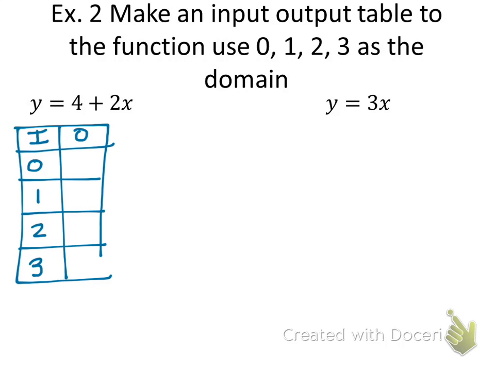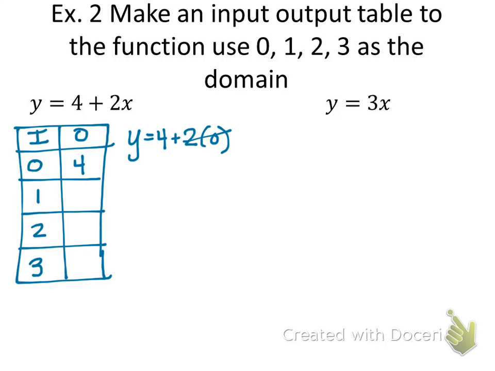So what I need to do is plug in these numbers into this equation and solve to find the output. So I start: y equals 4 plus 2 times 0, because I plug in my first input. What's 2 times 0? 0. So basically I just like to cancel it out right there. And what does y equal? 4.